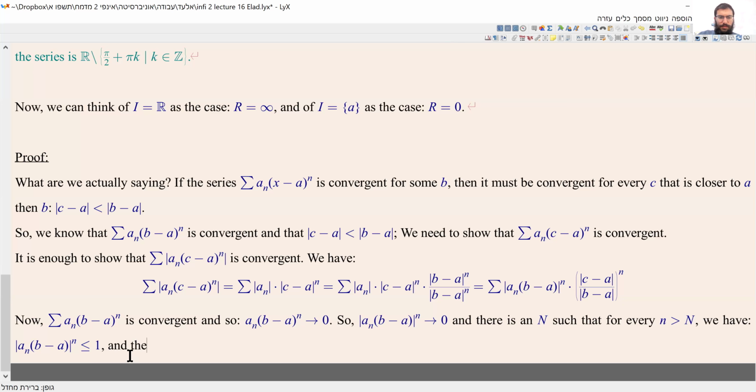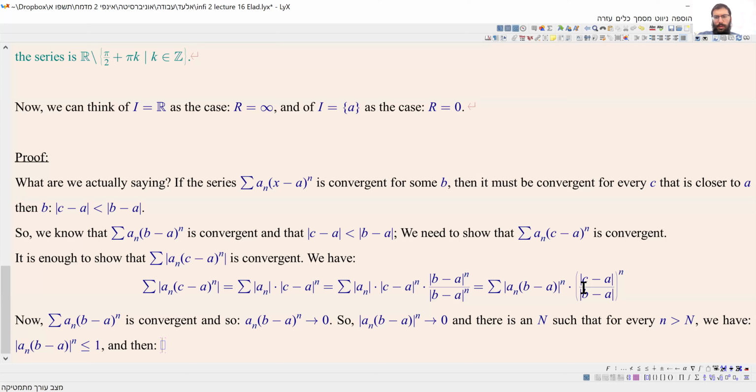Then, if it is smaller than 1, when it's multiplied by c minus a over b minus a to the power of n, we can say that it is smaller than c minus a over b minus a to the power of n.